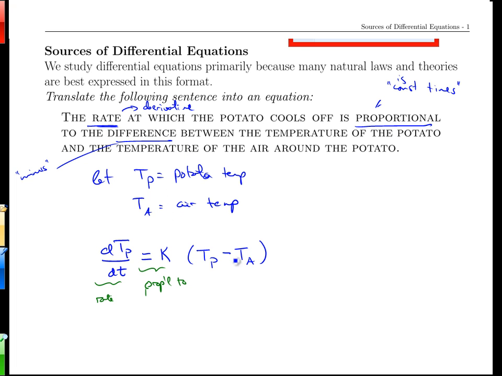The bigger the temperature difference is, if I put something in a freezer versus something in a fridge, it's going to cool down faster because there's a larger temperature difference. Or we take a very hot potato out of an oven and put it in the air, it's going to cool down more quickly than a lukewarm potato being put in the air. And that's what this expression here is capturing mathematically.